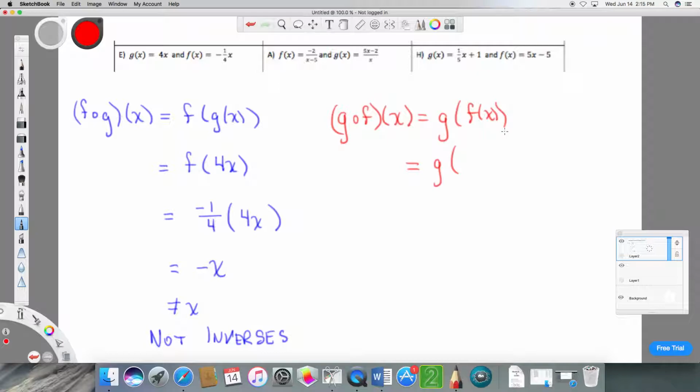All right, so f is the line that's passing through the origin with a slope of negative 1/4. G always creates a multiplication problem where it's 4 times the input. And this product is the opposite of x. So again, since that's not equal to x, we conclude that these are not inverses of each other.